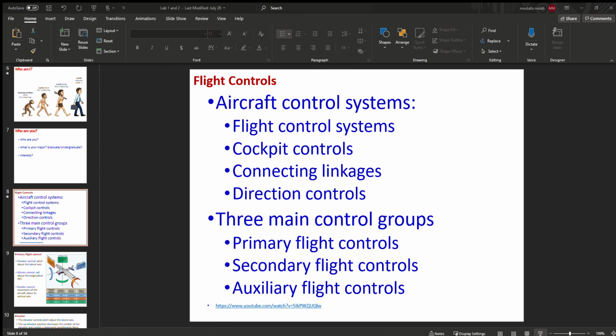You have the elevator, for example. You have the elevator at the end, and you have the trim tab here, which is going to control the sensitivity of the elevator. We also have the anti-servo tabs here. We have the stabilizer as well here.